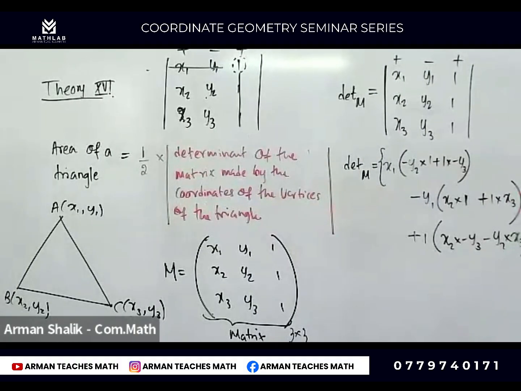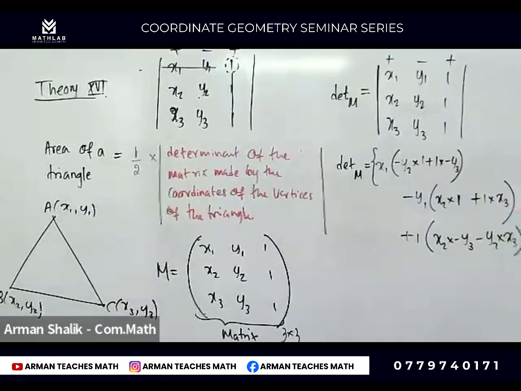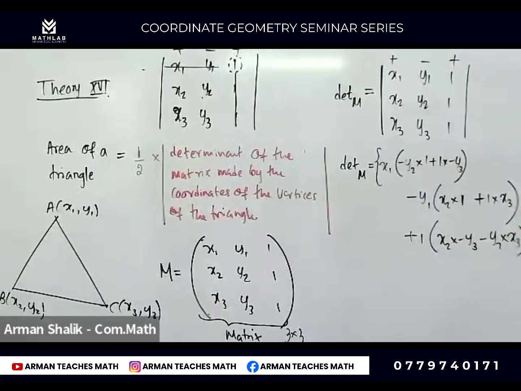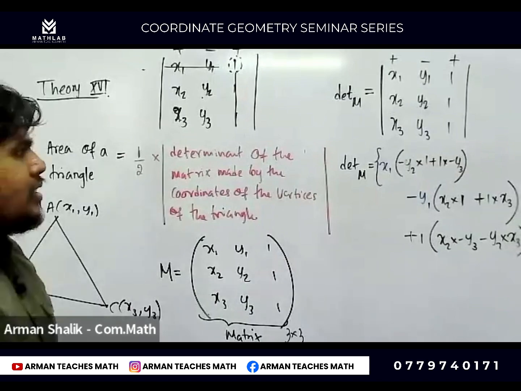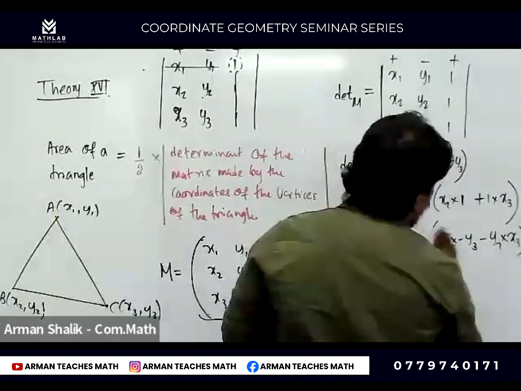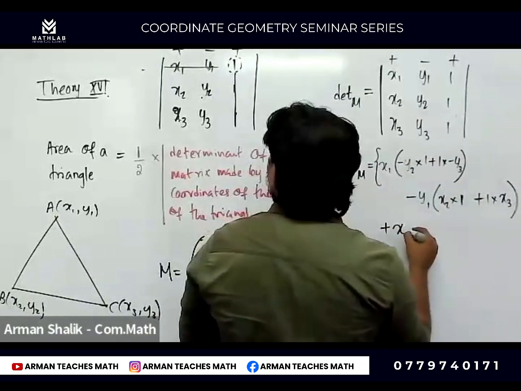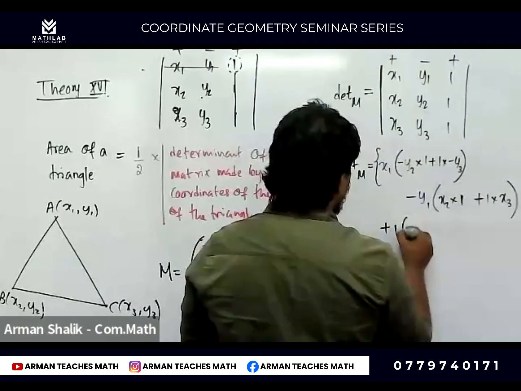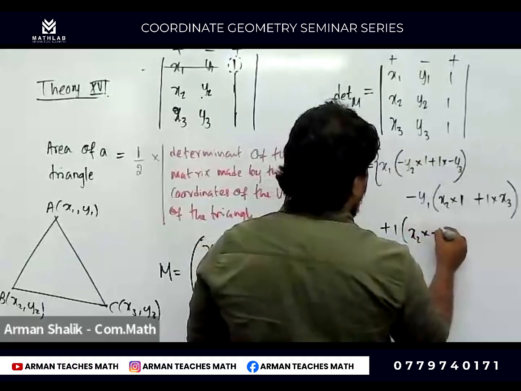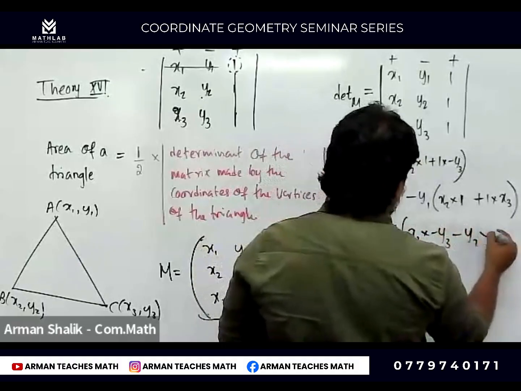I noticed that you can't see the corner part, that's why I pulled the board a little bit this side. Okay, so I just close the curly brackets. Plus 1 times x2 times minus y3 minus y2 times plus x3.